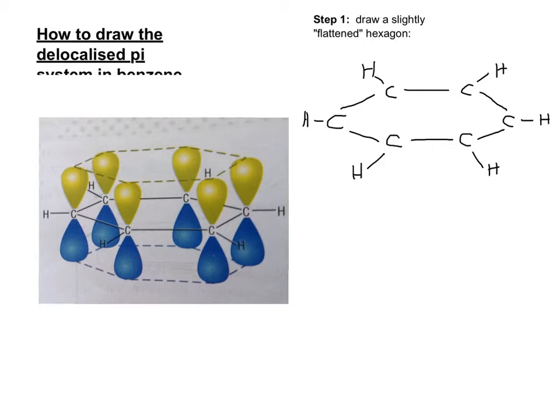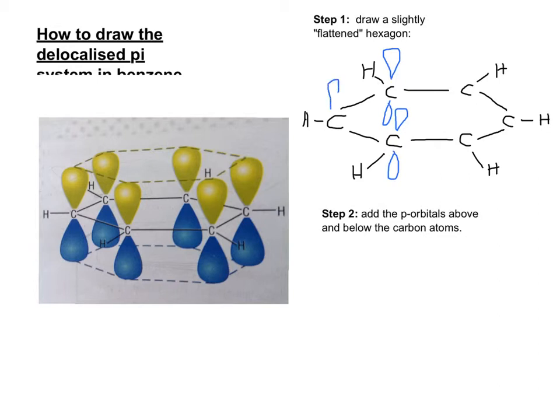The second step is to add the pi orbitals, the p orbitals. So what we need to do is to draw them above and below like that, taking a kind of teardrop shape.